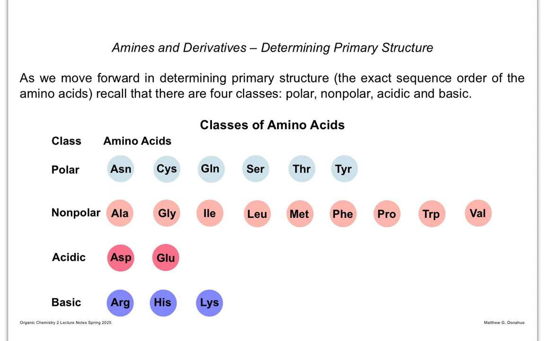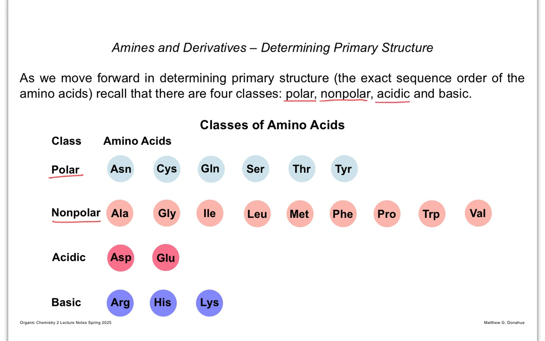So as we move forward in determining primary structure, again, that's the exact sequence of the order of the amino acids. Remember, there were 4 types: polar. So in these slides moving forward, this sort of light bluish color will be our polar amino acids. Our non-polar will be these sort of light red or pink.